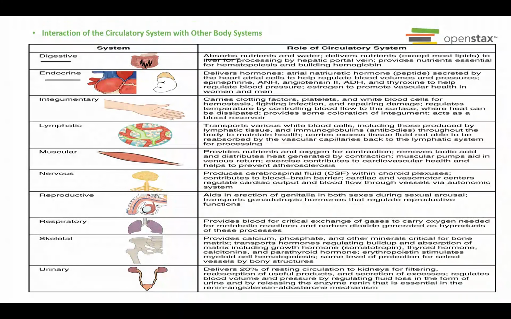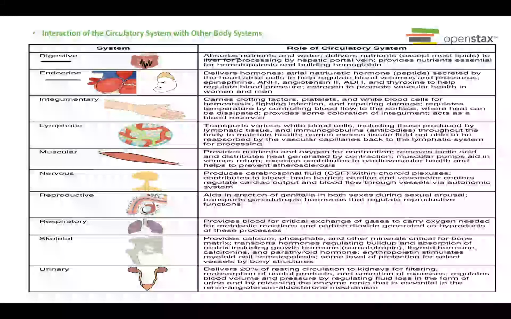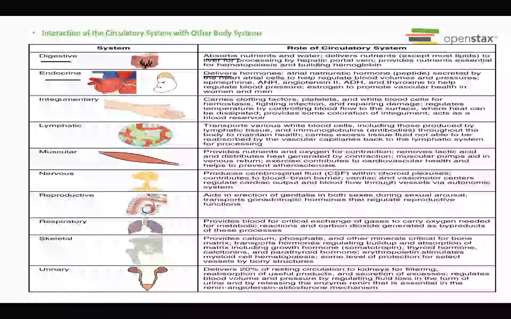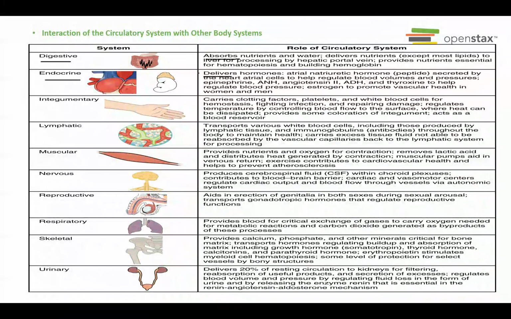Endocrine system: remember, endocrine glands produce hormones, and many hormones have to be delivered through the blood, whether lipid soluble or water soluble. We have learned how they are different in transportation in the blood. The lipid soluble hormones require lipoprotein, require protein to be delivered, while the water soluble hormones are freely delivered in the blood.